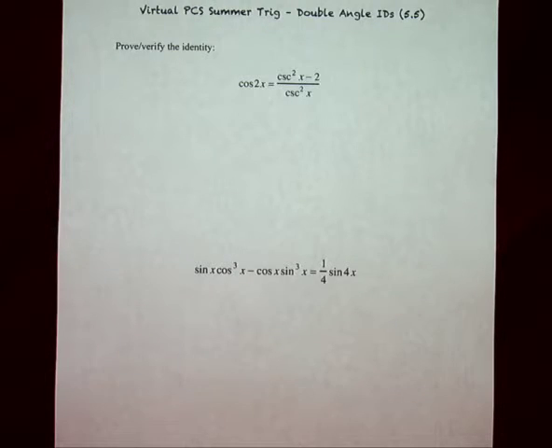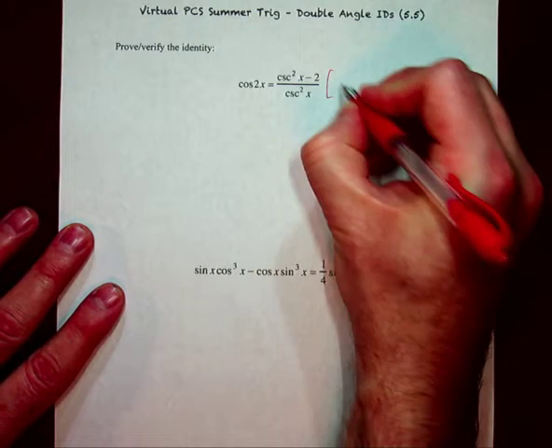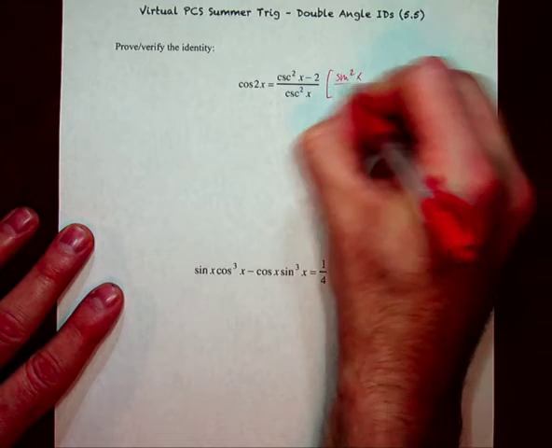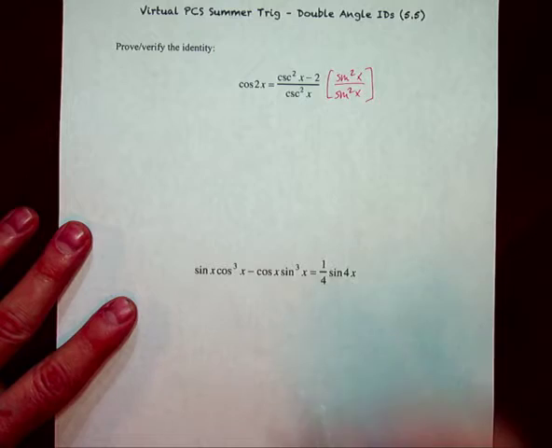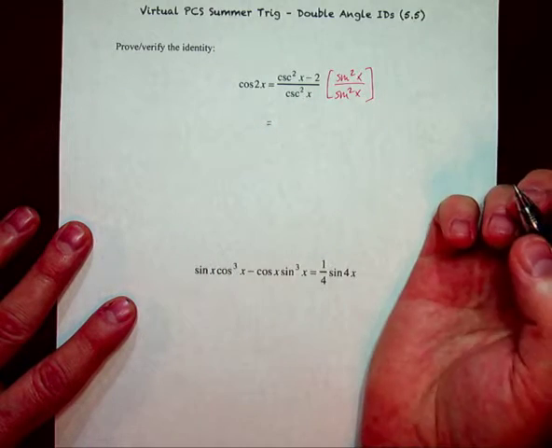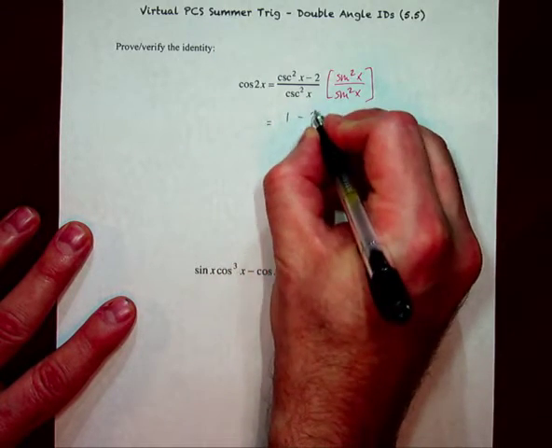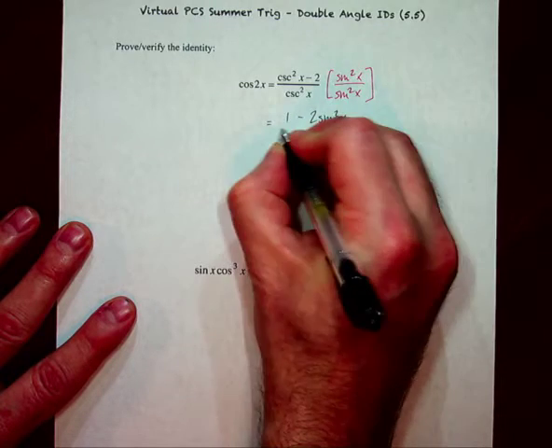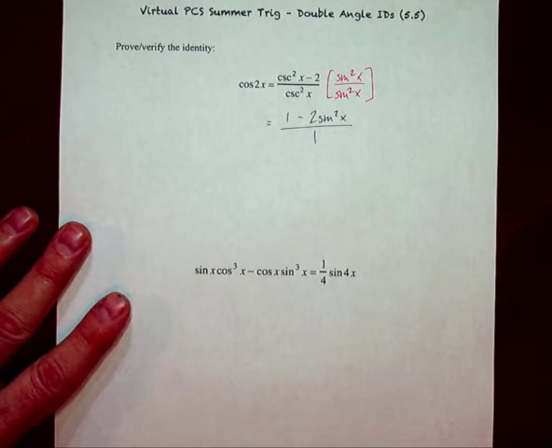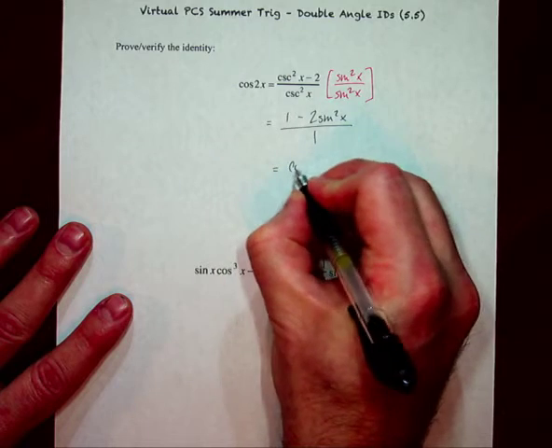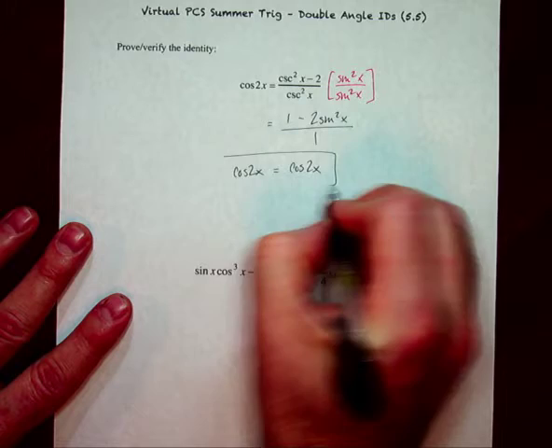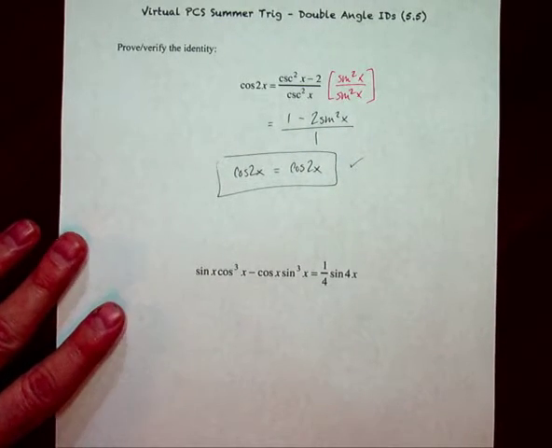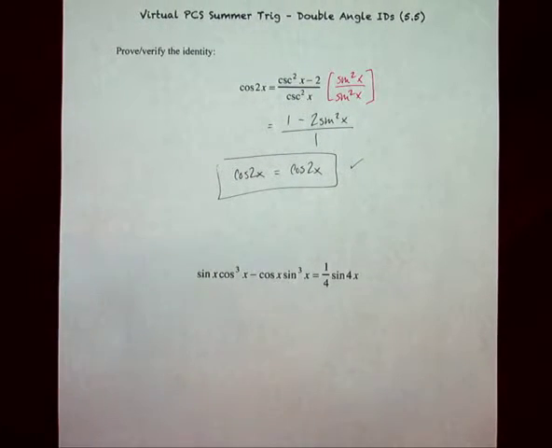Why don't we see what happens if we multiply both sides by sine squared? We're going to get 1 minus 2 sine squared over 1. And of course, that is cosine of 2x. So that was basically two steps, or more like one, but whatever.